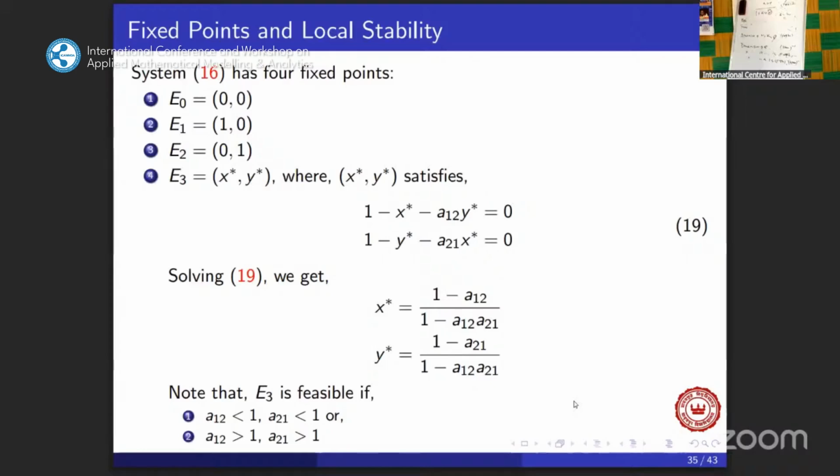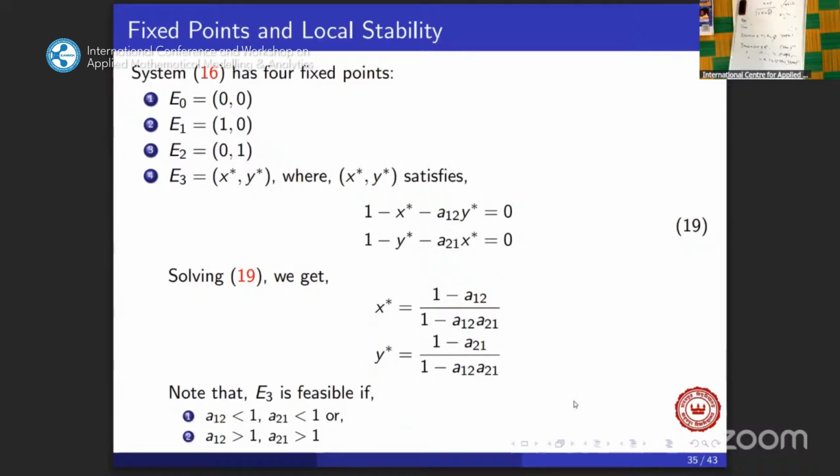We get, if A12 is less than 1, then what will happen in the numerator? A12 is less than 1, the numerator is positive. A21 is less than 1, the numerator is positive. Then if A12 and A21 are less than 1, the product term is always less than 1, so we get the interior equilibrium is positive.